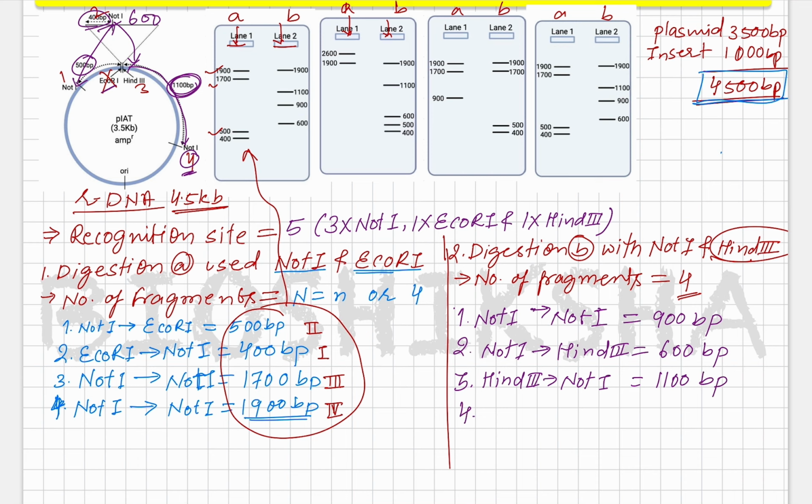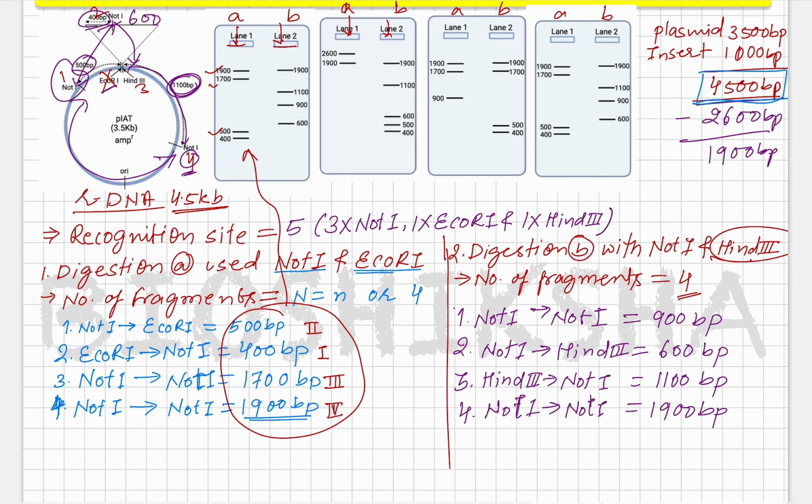And the fourth fragment will be again from here to here, what we have already found previously, minus 600 base pair, and what we have got, 1900 base pair. So you just write here, between Not1 to another Not1, that is what we have identified as the first recognition site, it will be 1900 base pair.